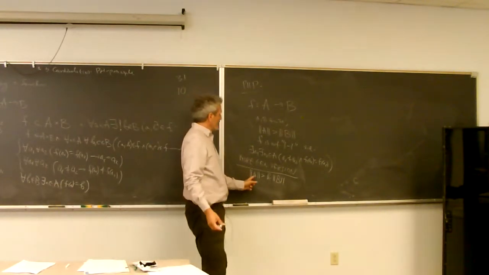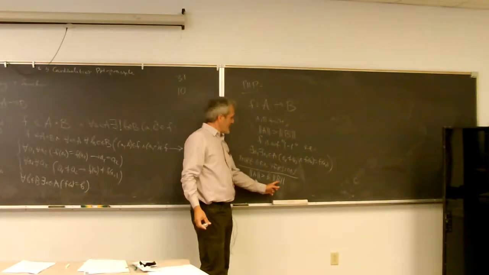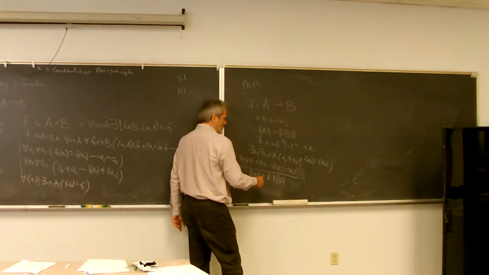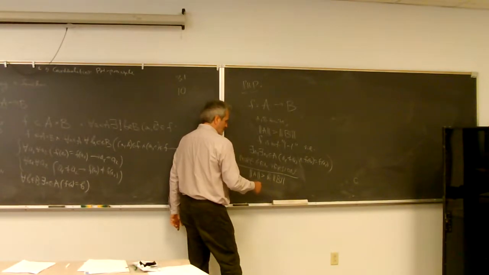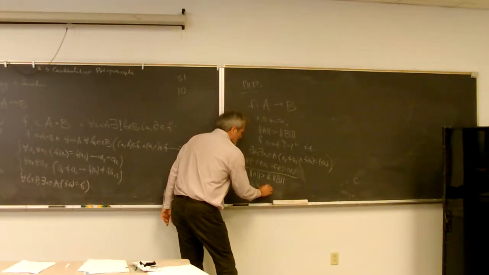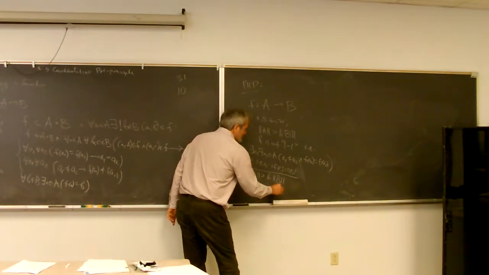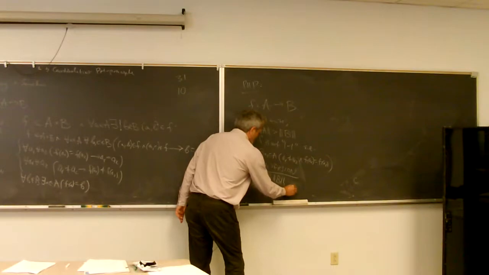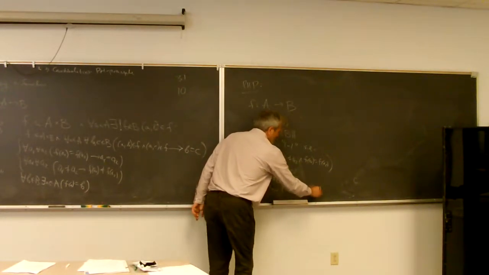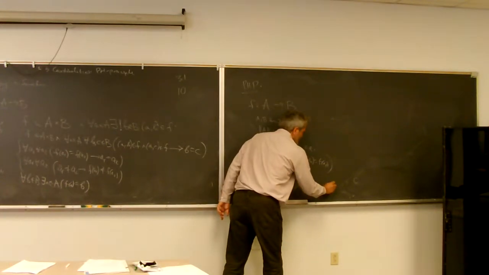So if the cardinality of A exceeds K times the cardinality of B, then how many pigeons do we have now? Not only 2, but how many? K plus 1. There exist A1, A2, up to A(K+1), such that f of A1 equals f of A(K+1), and they are all distinct.